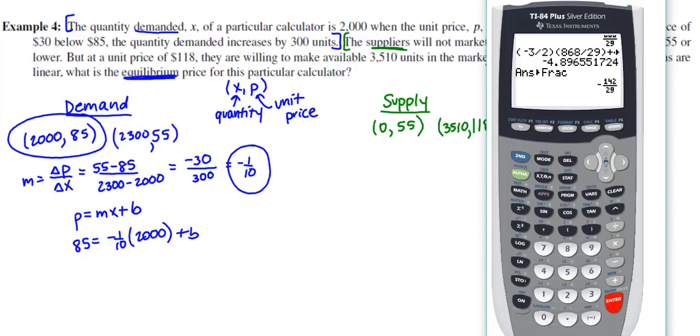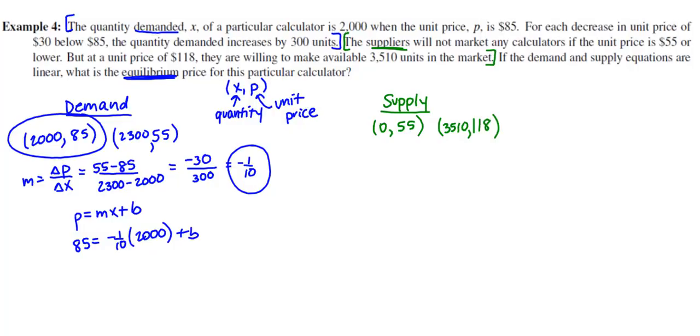So we have negative 1/10 times 2,000 gives us negative 200. So we have 85 is equal to negative 200 plus b.